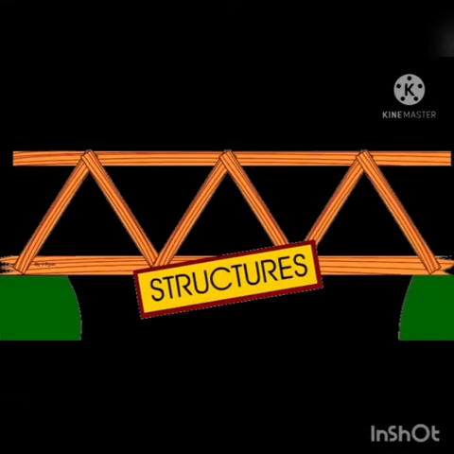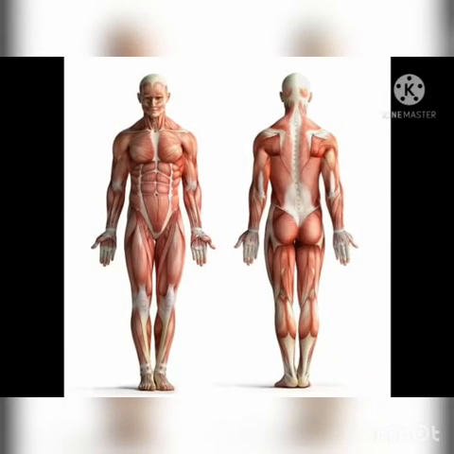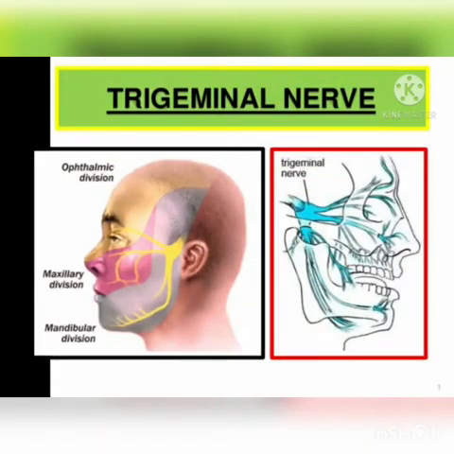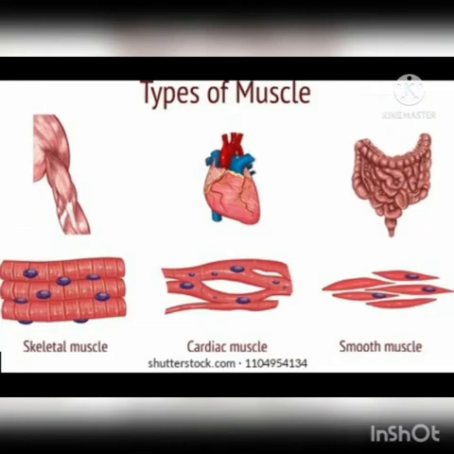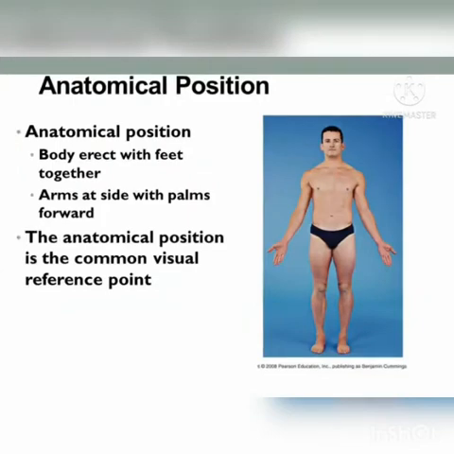All the structures described anywhere in the world, if you read anything about anatomy, are assumed, whether nerve, muscle or bone, to be described in this anatomical position. What is actually an anatomical position?